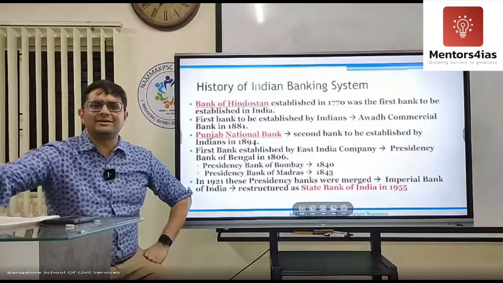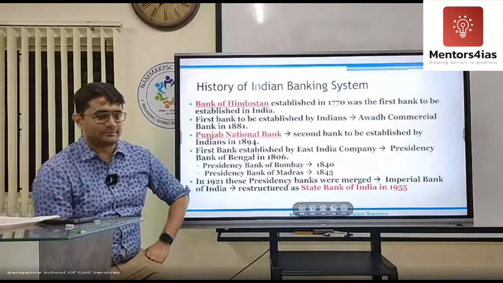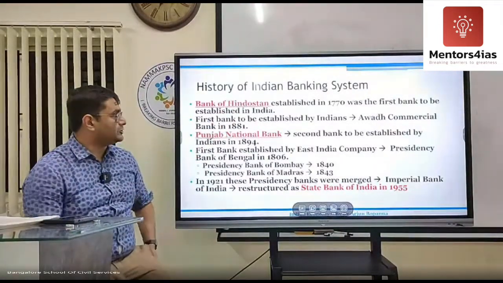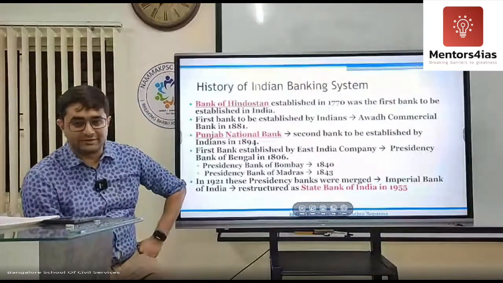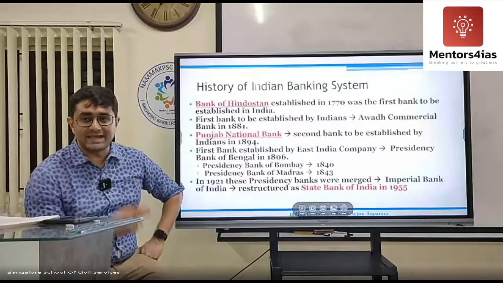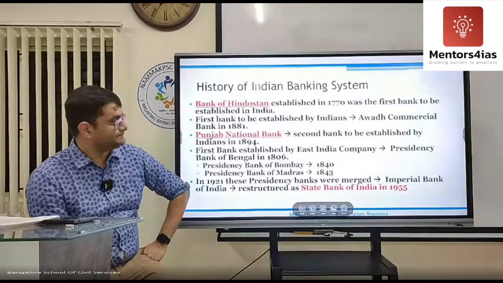It doesn't mean that there was no financial system before, but a formal banking system started with the Bank of Hindustan. Then the first bank to be established by Indians was Awadh Commercial Bank, set up in 1881. The second bank set up by Indians was Punjab National Bank.